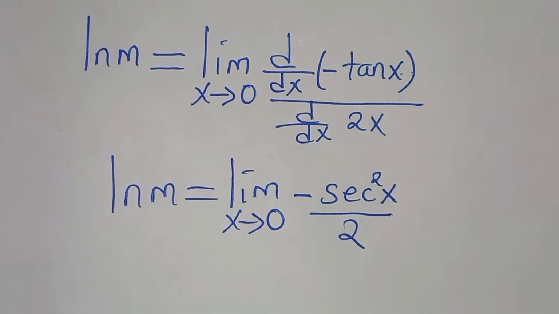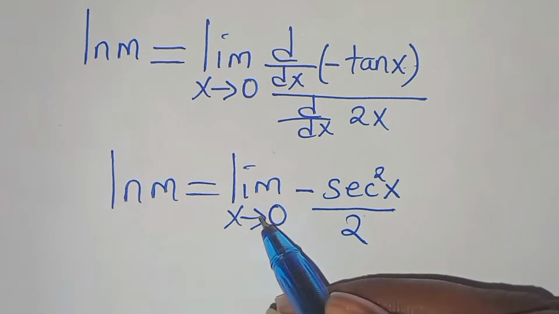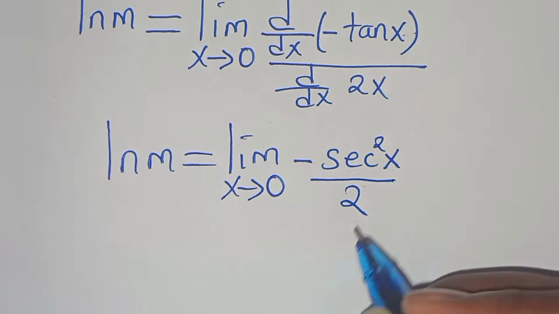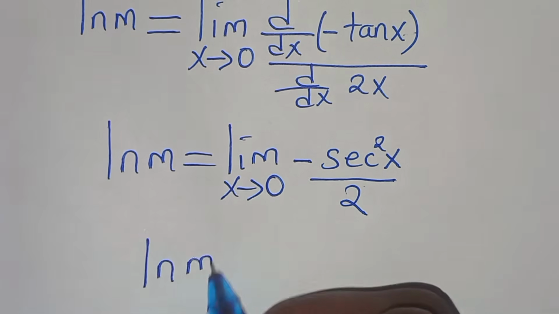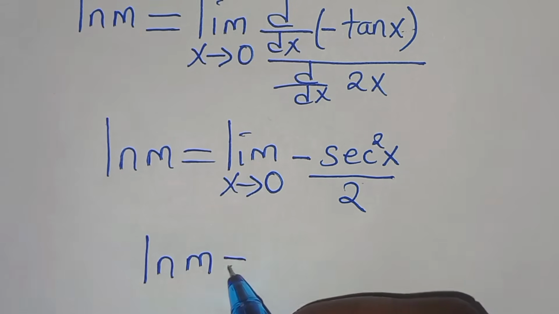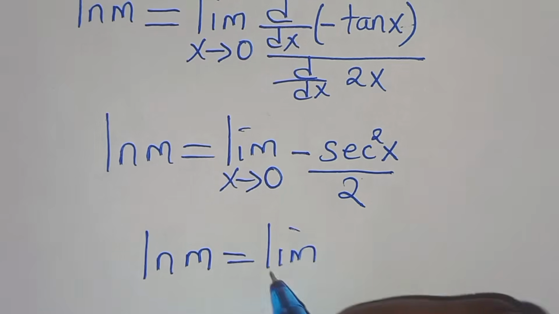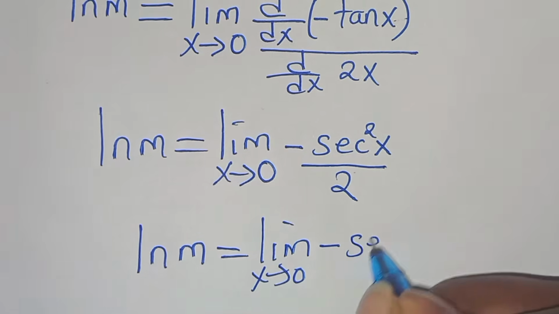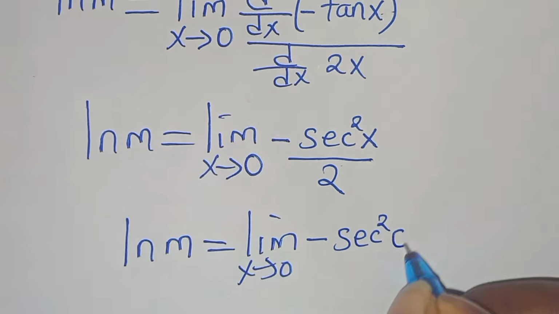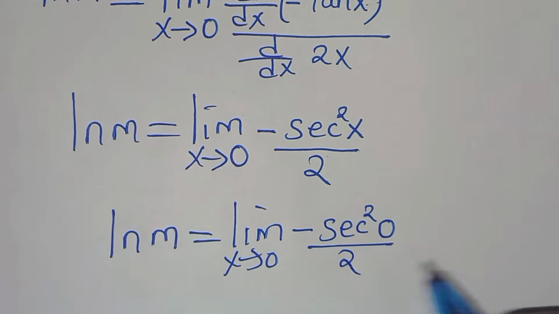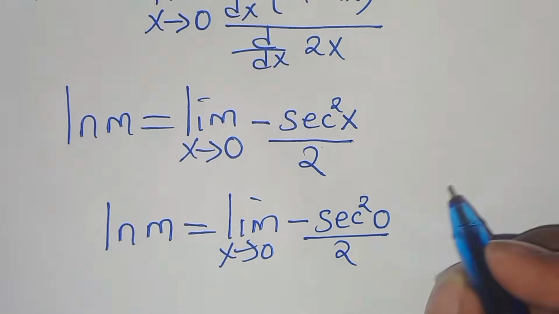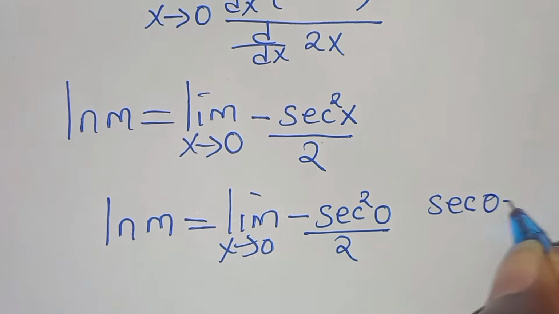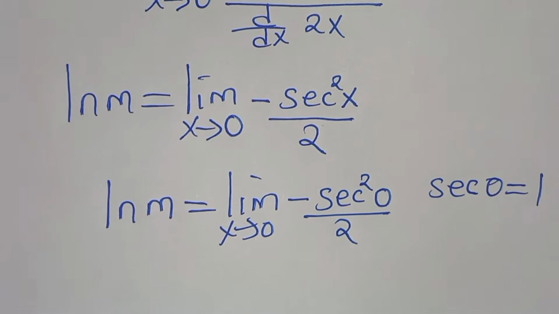And now let's substitute the value of x, which is 0, so that now we have the ln of m equal to the limit as x tends to 0 of minus sec squared of 0 divided by 2. And something to note here, we have that sec 0 is equal to 1.